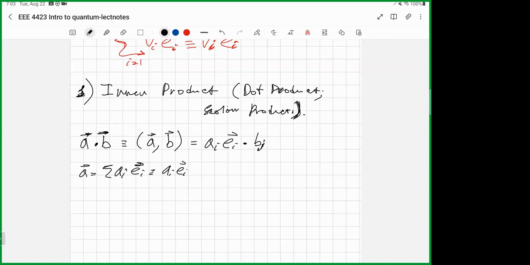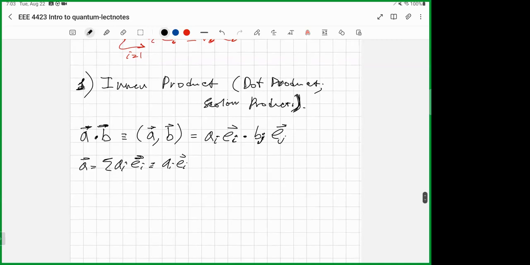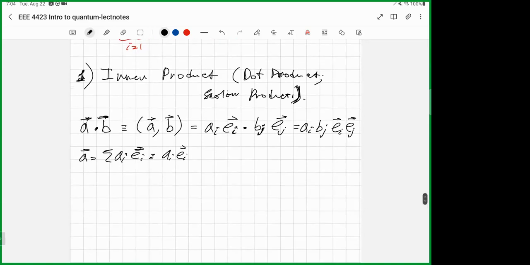We need to use another letter because i is already taken for the summation. So we can rewrite this, just changing the order, as A_i B_j and then e_i e_j. So can we simplify this further?